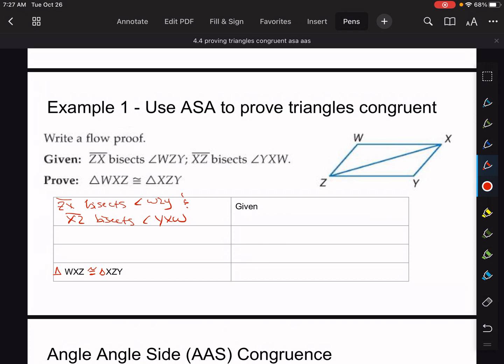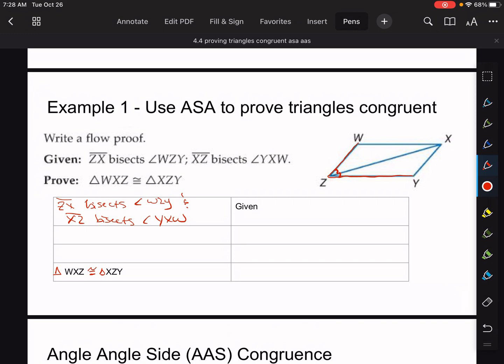All right, so let's just make a picture of what's going on here. If ZX bisects WZY, okay, so WZY, if you trace that out, that's this angle right here, okay? So if it bisects that angle, even though it doesn't look like it, this angle here is congruent to this angle here. Definition of a bisector, which we're going to write down here in a minute.